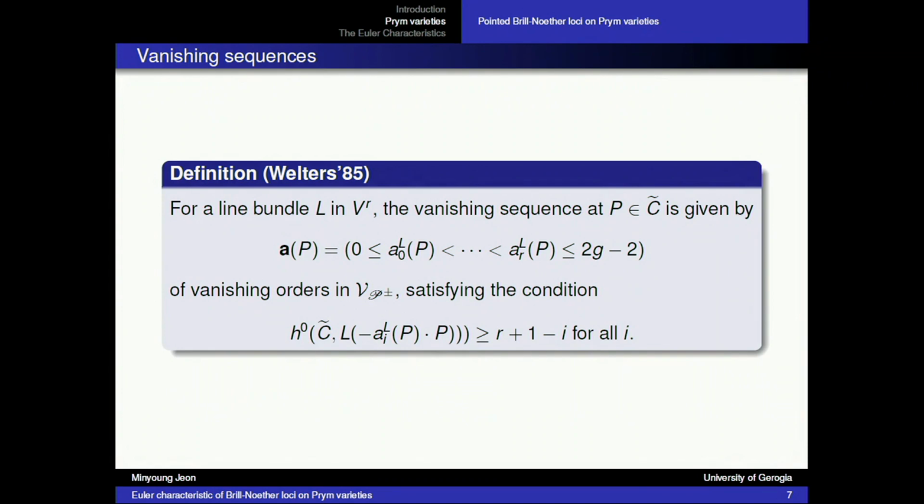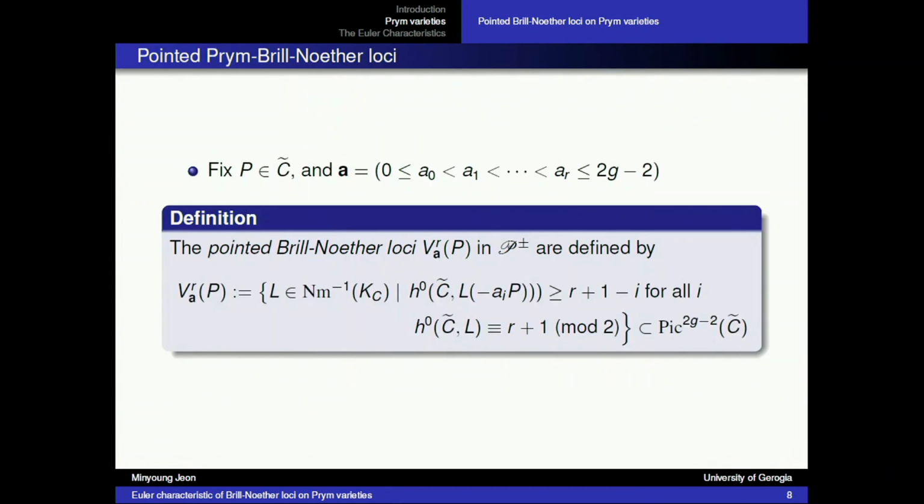Using this vanishing sequence, we can also define pointed Brill-Noether loci with these inequalities inside the Prym variety. As before, we can convert this pointed Brill-Noether locus into a Schubert variety or degeneracy locus in type D inside some orthogonal Grassmannians.